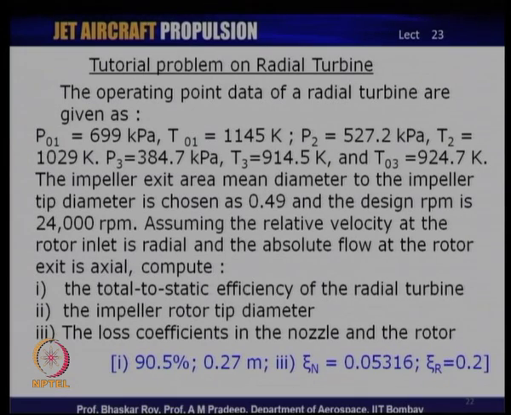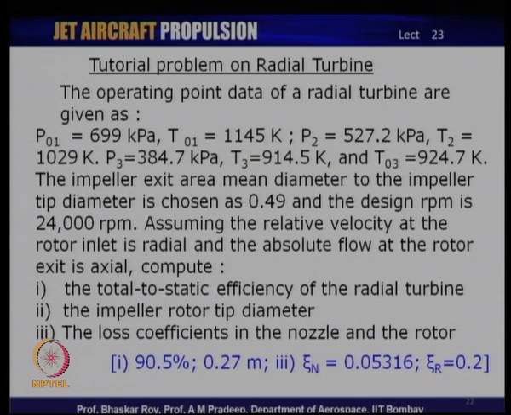The T 03 value correspondingly is prescribed as 924.7 K. It is given that the ratio between the impeller exit area mean diameter and the impeller tip diameter is chosen as 0.49, that is the ratio between tip and mean. The design RPM is prescribed as 24,000 RPM.